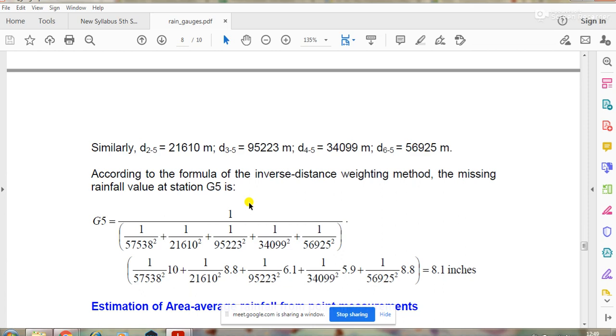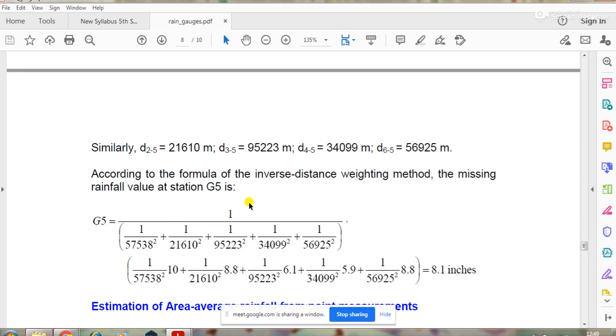Obviously among them, the non-recording types are such that you need to go there and take repeated readings, and the recording type will definitely give you the direct idea about the rainfall that has been taking place.